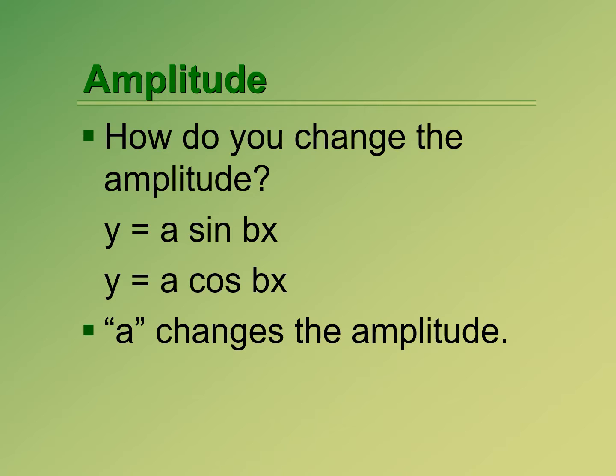And so a is going to be what changes the amplitude. Remember, a happens before the trig function, so it's a times sine x. Whatever real number that a is, that is going to change the amplitude.